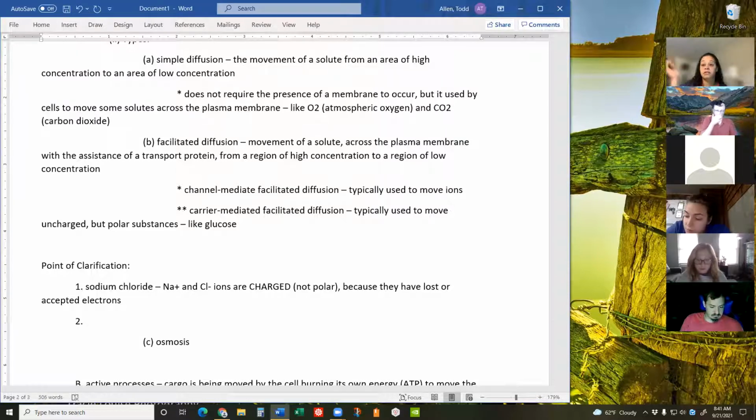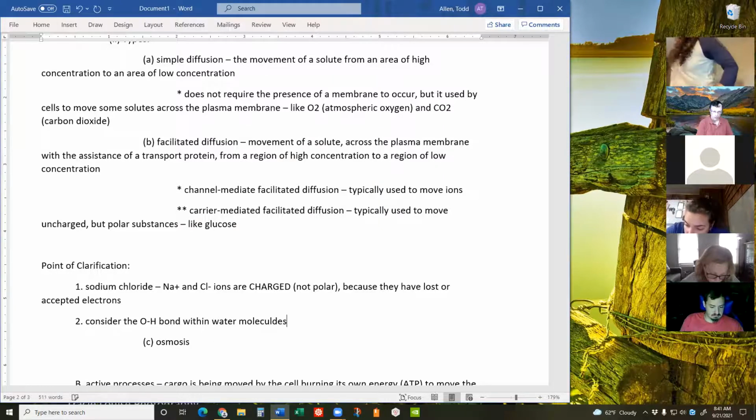Now let's think about the OH bond of water. Okay, we've talked about this before, right? Consider the OH bond within water molecules. Okay, in this scenario, oxygen is slightly negative, but it is not charged.